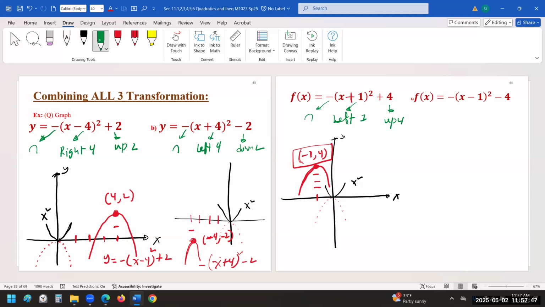The next one, upside down, and this time negative 1 means right one. And minus 4, down 4, down 4.